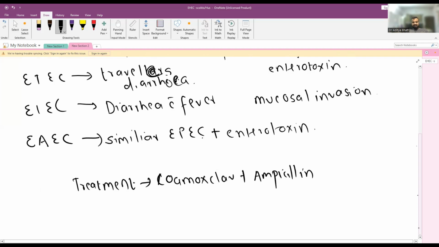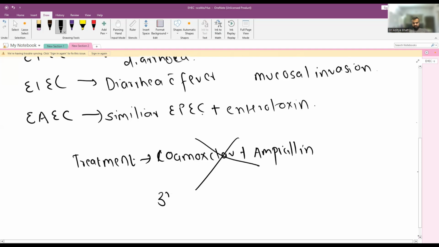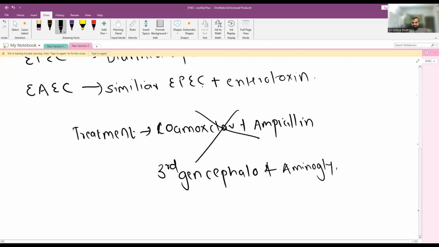Okay, so they are technically useless for E. coli for all patients. Once you have understood this, the first line drug is either a third gen cephalosporin plus an aminoglycoside. Okay, so this is the first line.